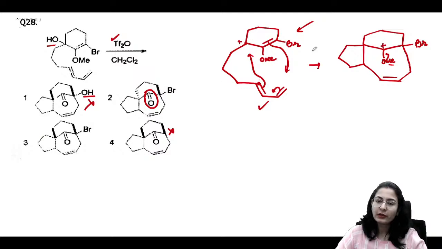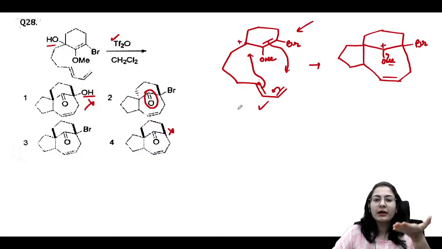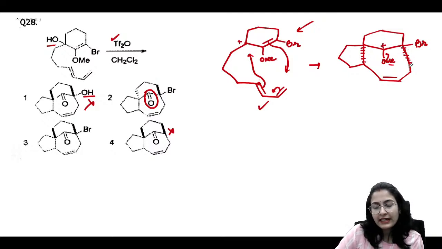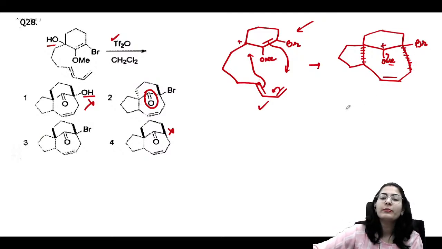This is going to be below, where the oxygen is already below this whole thing. Fine. So if we keep this diene part above and if we keep this whole thing below, then the new bonds which are formed, ये below की तरफ form होने चाहिए. Do you understand this, everyone? That these two bonds which are formed, they are going to be below the ones which are formed over here, like this.